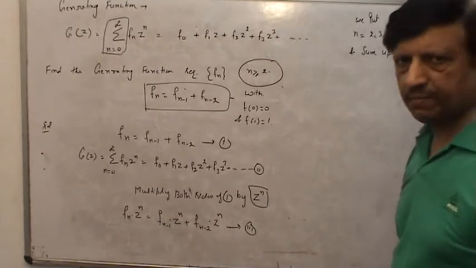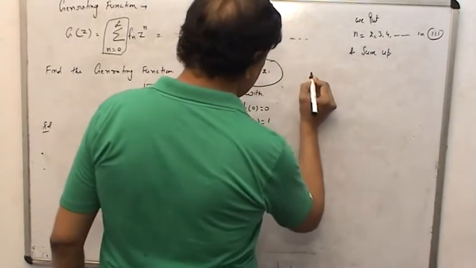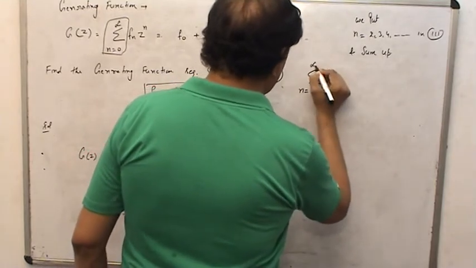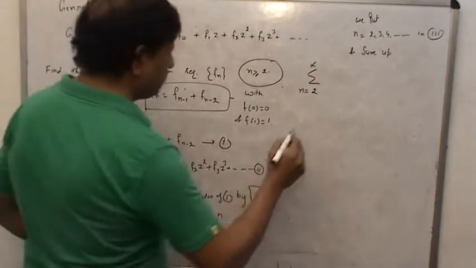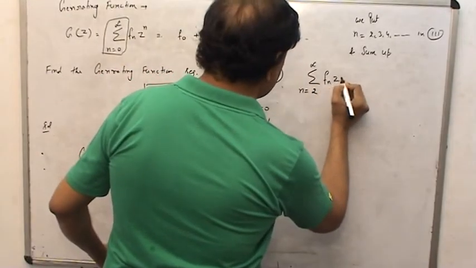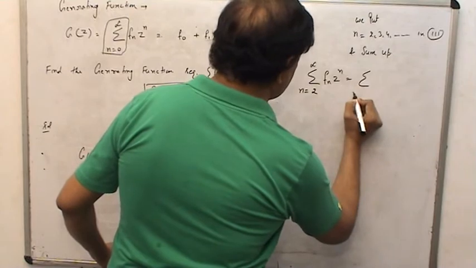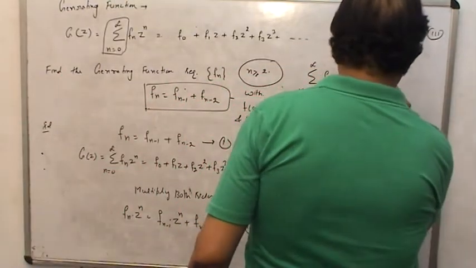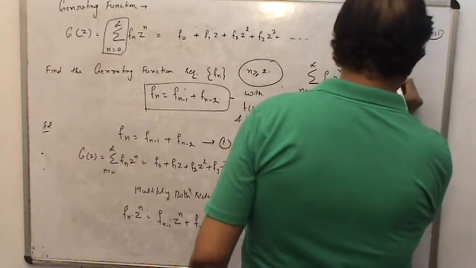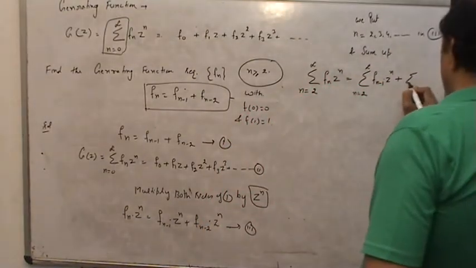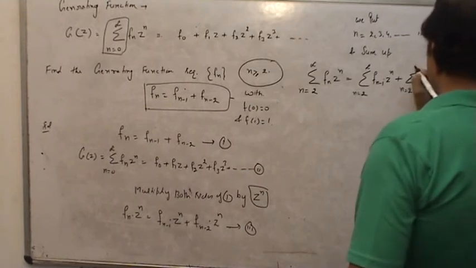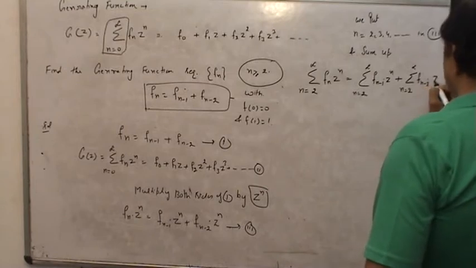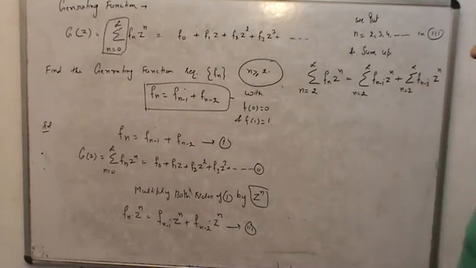If we sum up, it means sigma. We can write sigma n varies from 2 to infinity f_n z raised to the power n is equal to sigma n varies from 2 to infinity f_(n-1) z raised to the power n plus sigma n varies from 2 to infinity f_(n-2) into z raised to the power n.